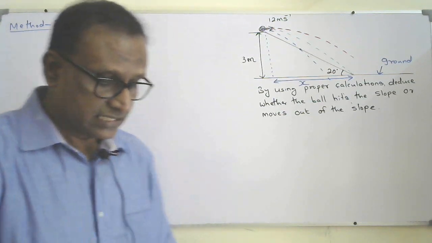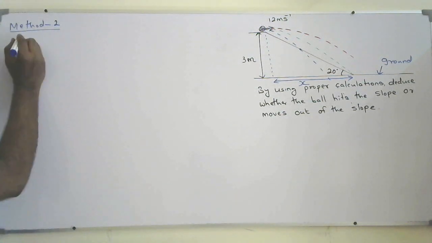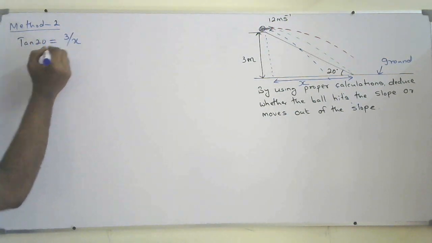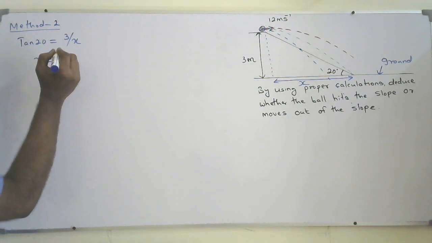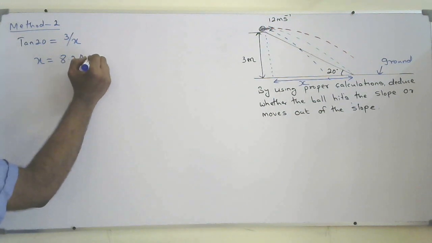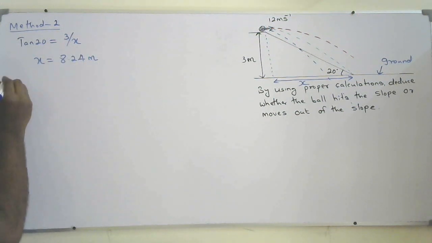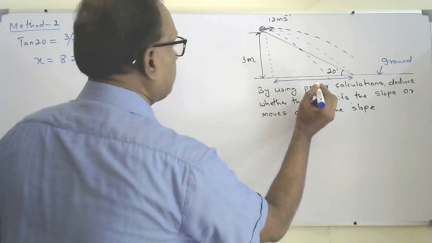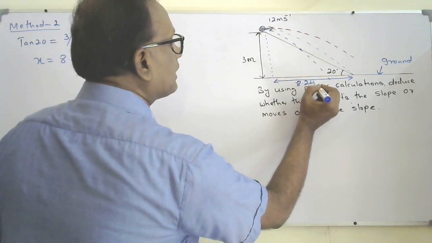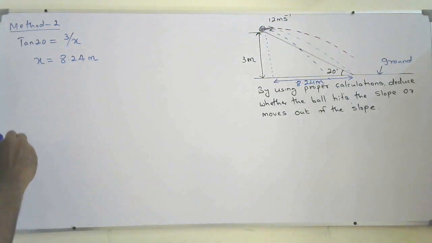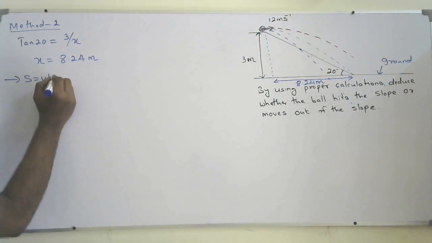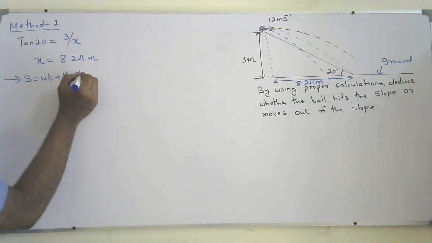I can find the x by using tan 20 equal to 3 over x. So x is going to be 8.24 meters. Okay, so I'll find the time taken to complete this horizontal displacement, 8.24 meters. Horizontally use x equal to ut plus half at squared.